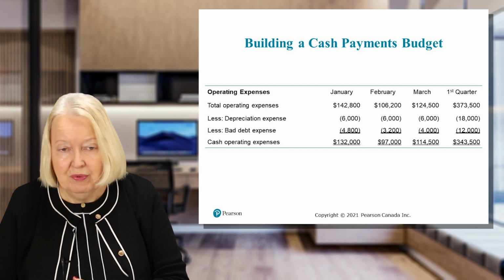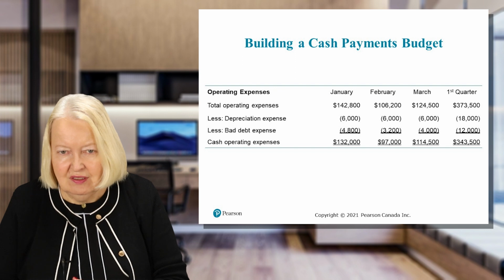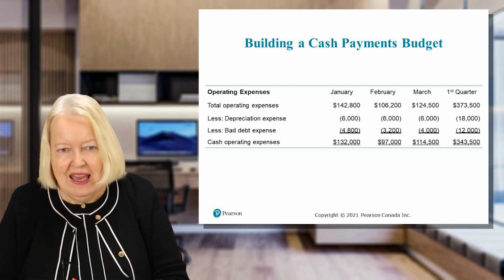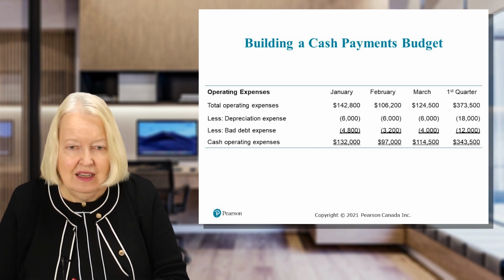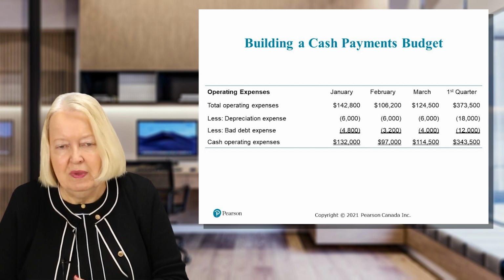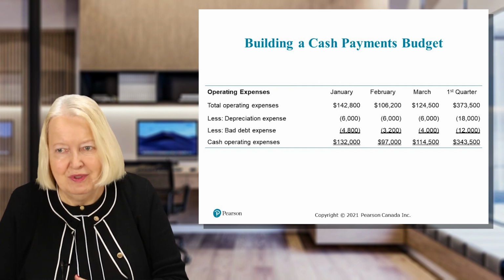So we had more depreciation here on your administration facility, so that's 6,000, so depreciation is not cash. And bad debt expense, when you're looking at bad debt expense, it's just an estimate of how much you're going to end up writing off that you won't be able to collect from your customers. It doesn't mean to say that cash went out the door, sort of thing.